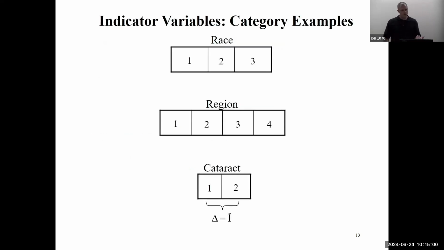Okay, so there are other variables like this. We talked about race, ethnicity. It could be region of the country, or region of the United States, or something like that. Or it could even be region of the county in the US. Could be different medical conditions or physical conditions, like do you have cataracts in your eyes? And it could be coded 1, 2, right? Now, this is another careful thing about just tossing variables into a regression model.